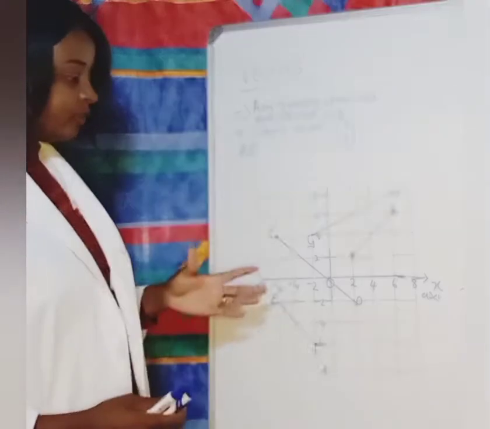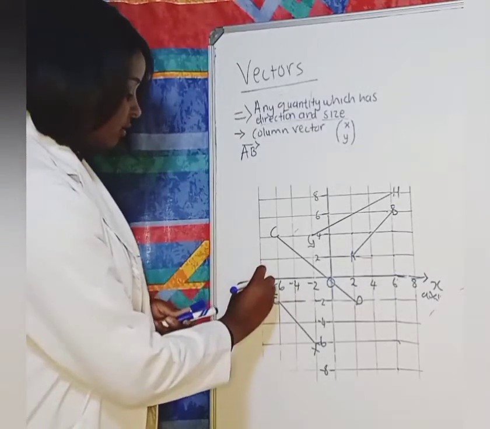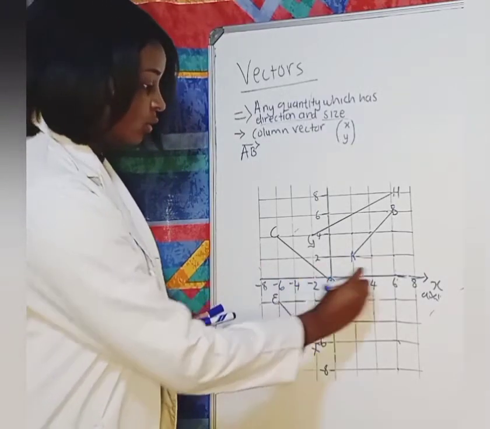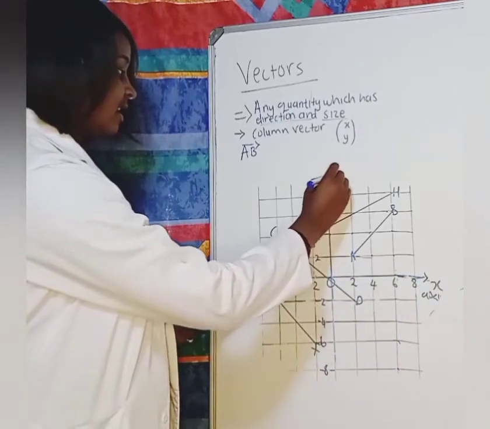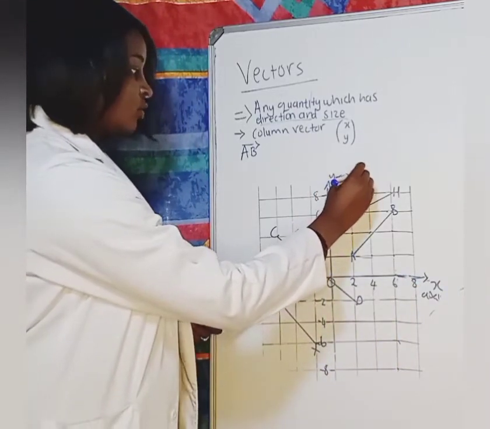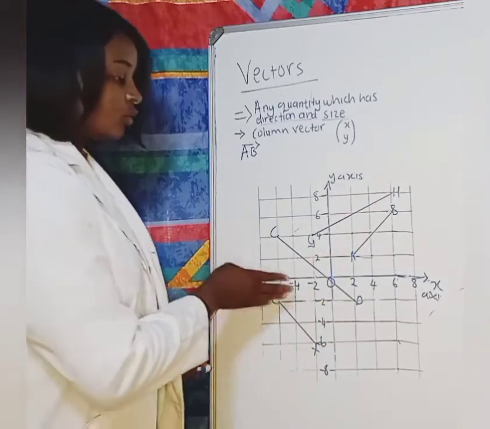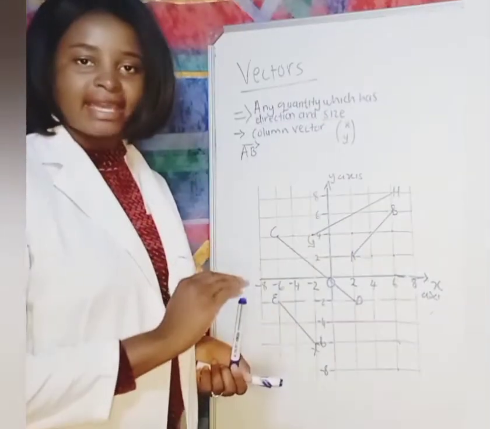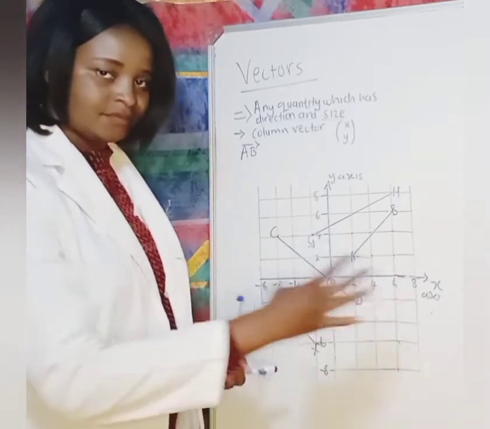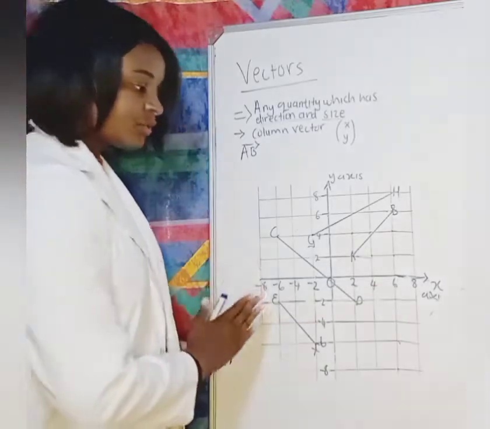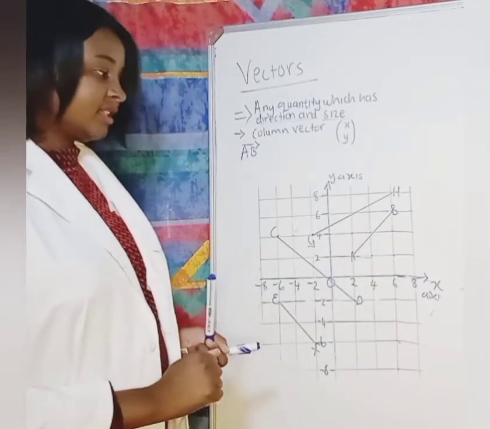We have our x-axis, this blue horizontal line, and the blue vertical line is our y-axis, right? With these axes, when you move to the right in the x-axis, your x value is positive.